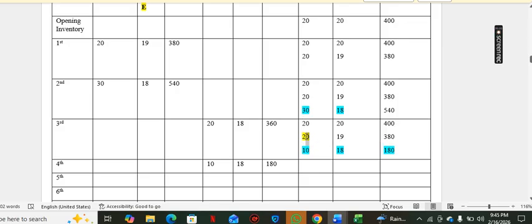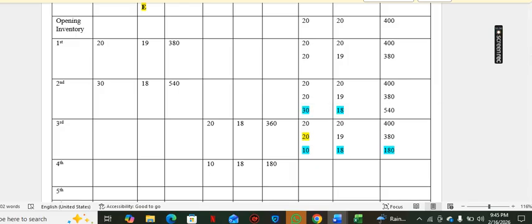So the remaining 5 will be removed from this batch here. So we're going to have 5 units valued at 19. And we're going to say 19 times 5, 95.